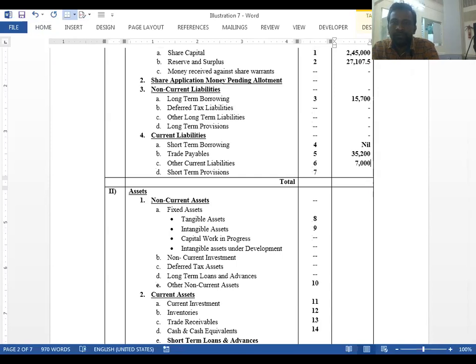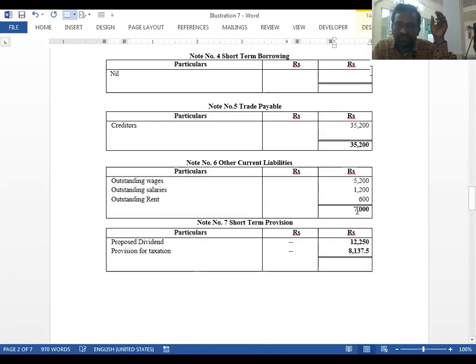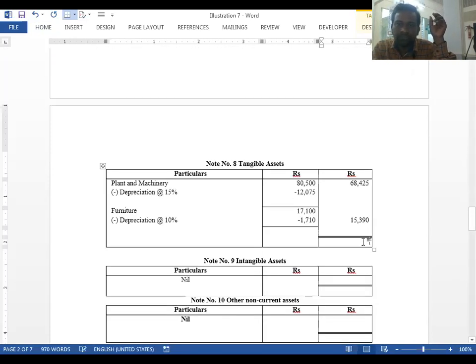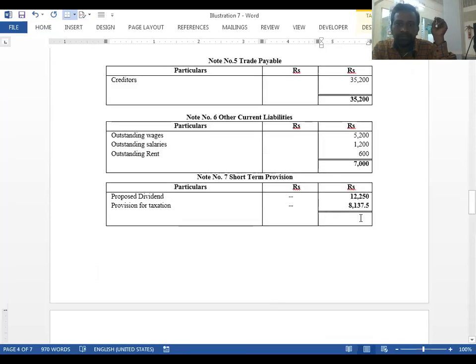And short-term provision, notes number seven, 20,387.5.